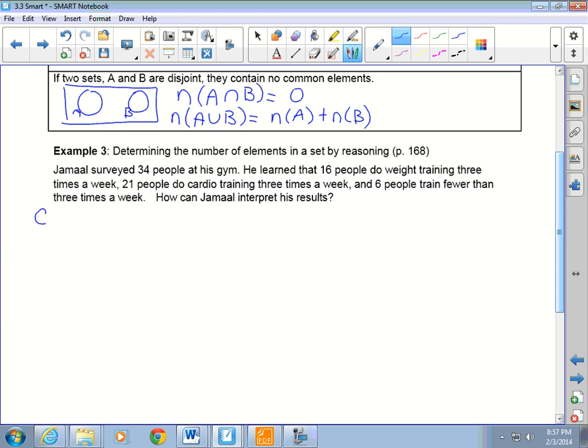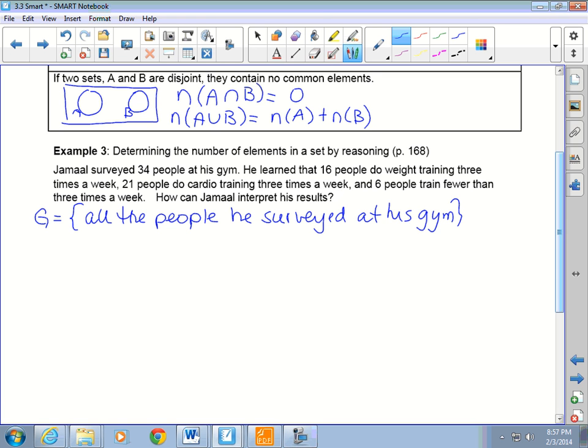So if we say G is the number of people that he surveyed at his gym. We'll say W is the number who did weights 3 times a week.